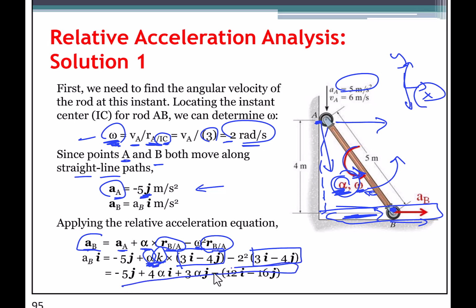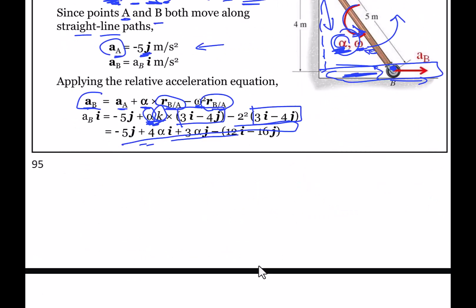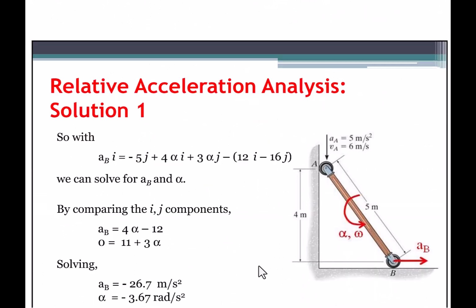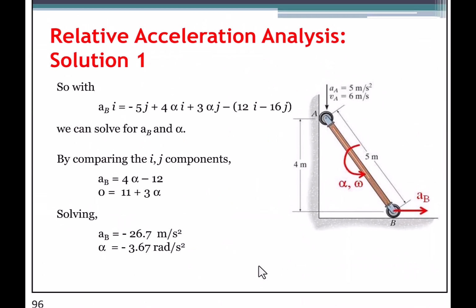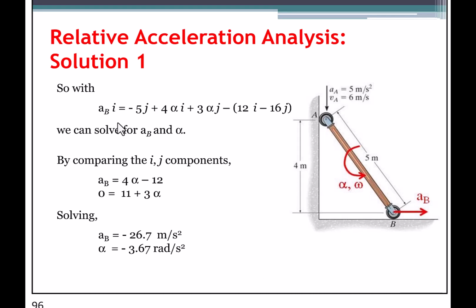I sum this and get an equation with i and j components for the acceleration of point B. So I substitute everything and I get this, and multiply 2 by 3 and so on, and I get this unknown and this unknown. How do I solve it?